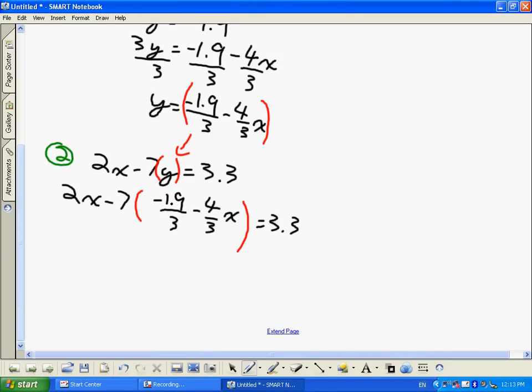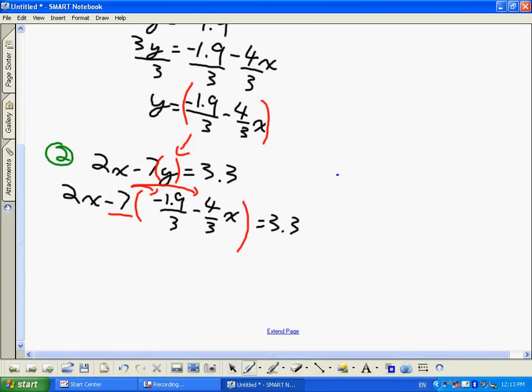We're going to have to do some fraction work along with this. Okay, guys? So I have to distribute a negative 7. That means I have to multiply negative 7 by the fraction negative 1.9 over 3. And I also have to multiply negative 7 by the fraction negative 4 over 3. I'll do it on the side for you guys so you can see what it looks like.